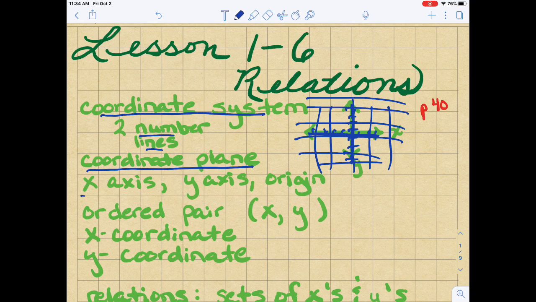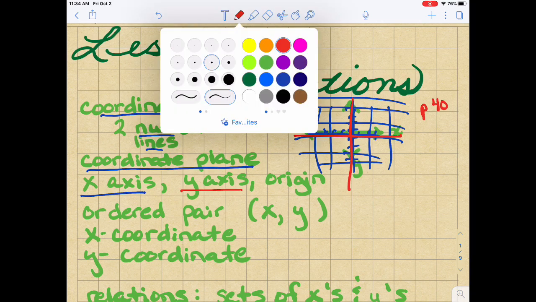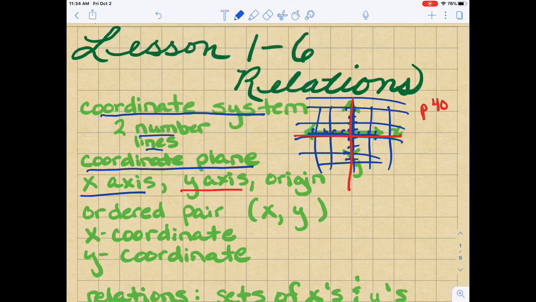So we have an x-axis that is this guy, and we have a y-axis that is this guy, and on here we have an origin that's right in the middle. The origin happens to be at the point 0 and 0, 0 for x, 0 for y, and we have all kinds of ordered pairs here, x and y.